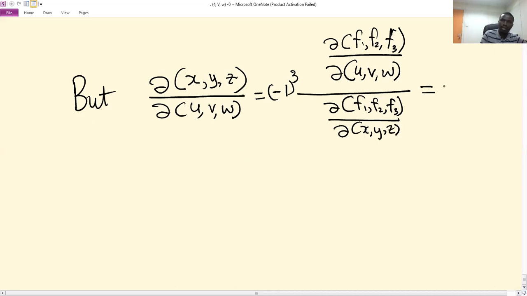This will give us negative, and then negative u squared v over 1. It should be clear that the answer is u squared v. So that is the solution. Thank you.